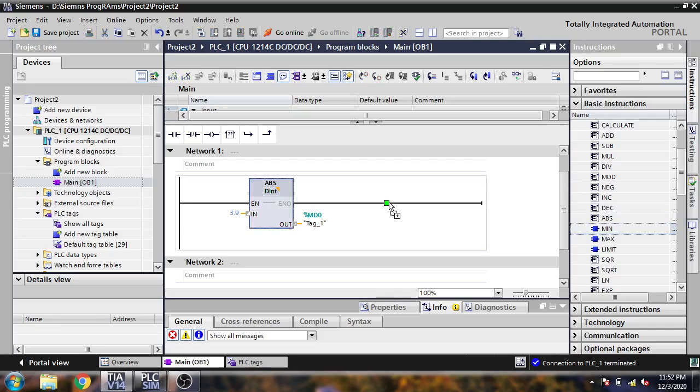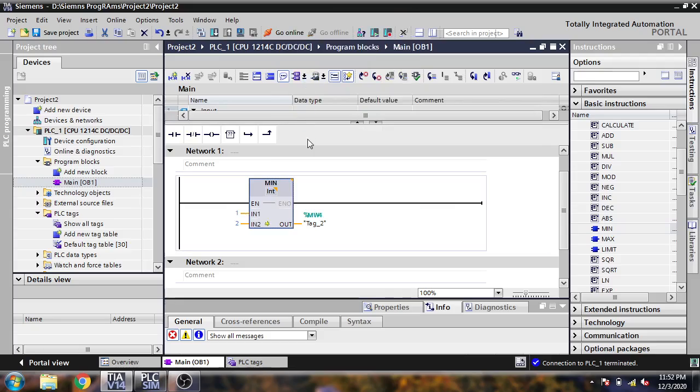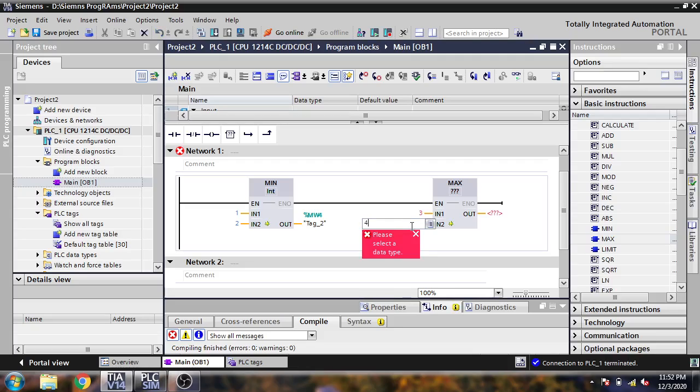But now I'm using min. And select 1 there, 2 there. I'm going to select MW4. You will see it will select the minimum value from both. I'm just compiling it. I am also using max there, so 3 and 4.